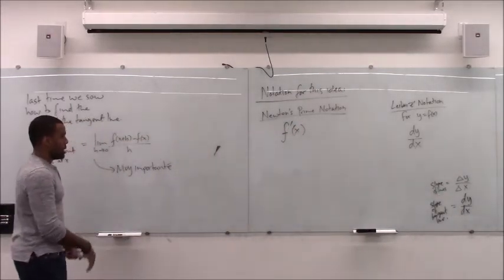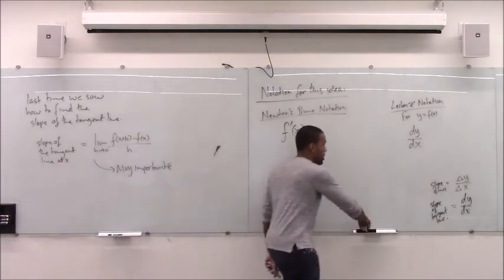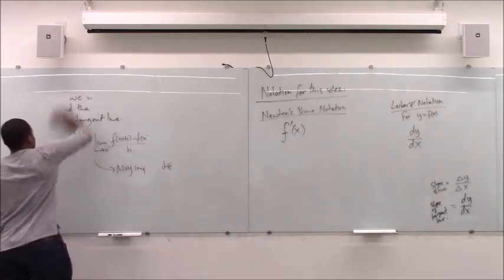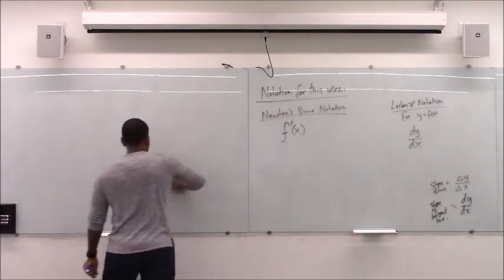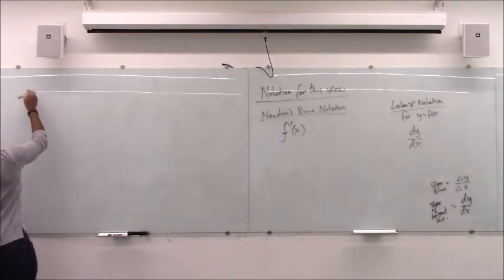But those are the two main notations, and we'll talk about how we can actually modify these notations as we move on. But that leads to a very important definition. This important definition.